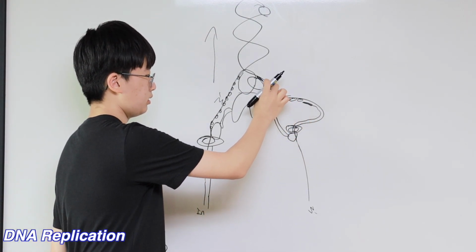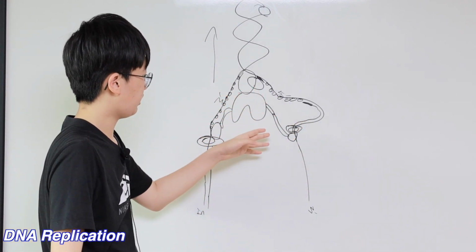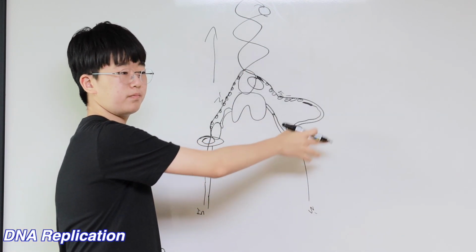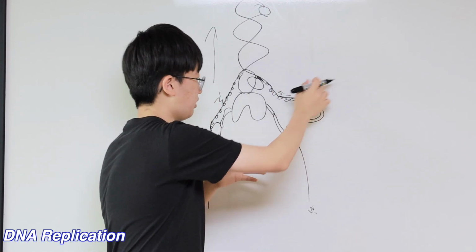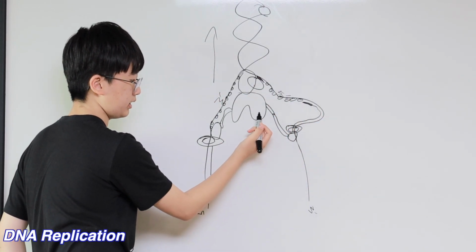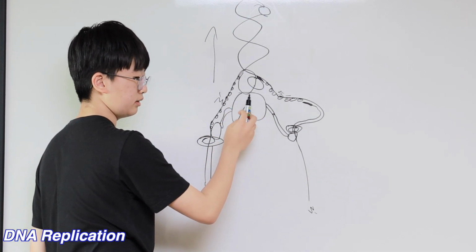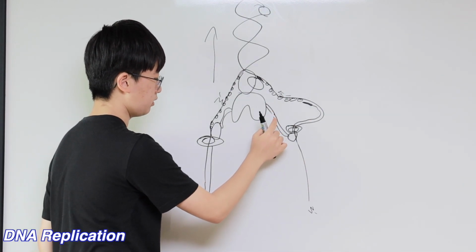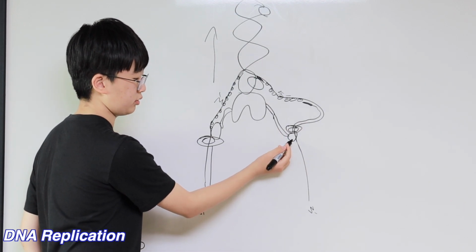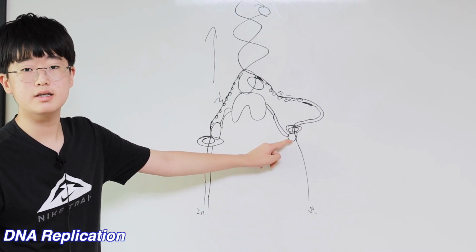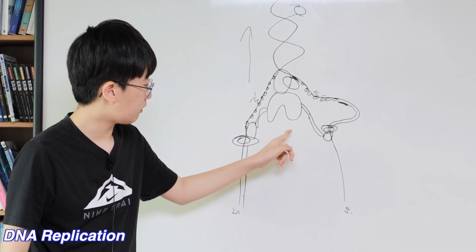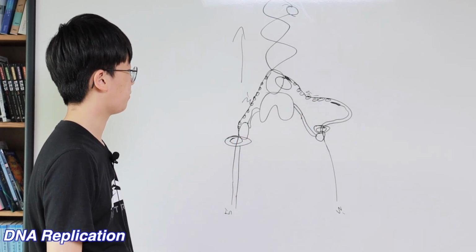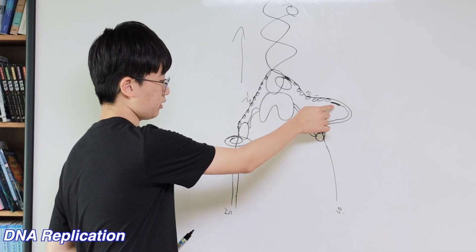And so the Okazaki fragments, before they are made, the lagging strand part is held up over here, and then the clamp binding protein puts the polymerase right onto the DNA strand, and most likely it will be over here.